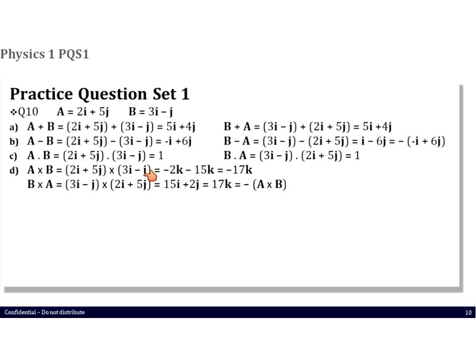So 2i cross minus j, that is minus 2k, and then 5j cross 3i, that will be minus 15k, because it is 15 and minus k. So minus 2k minus 15k is equal to minus 17k. If you change the order, you will get 17k, and that is the negative of this. In vectors, negative or positive actually shows that the direction is different.